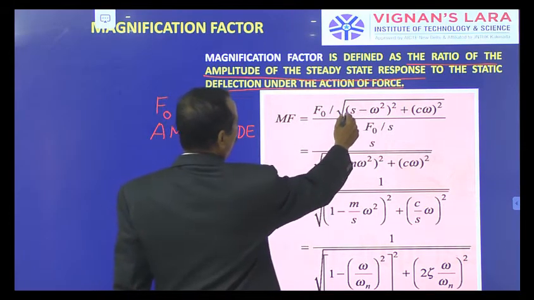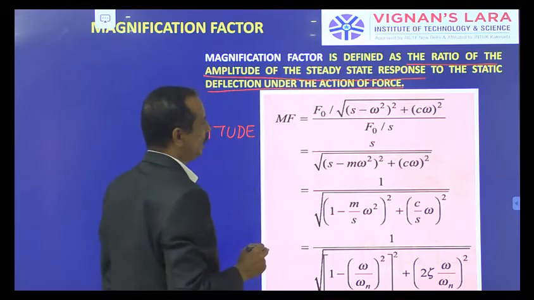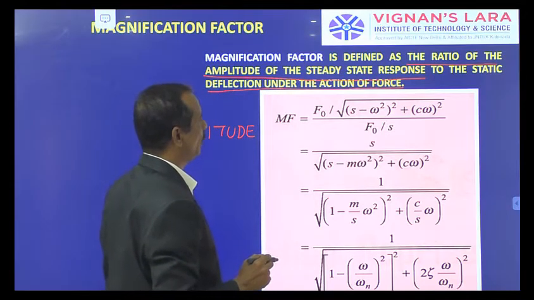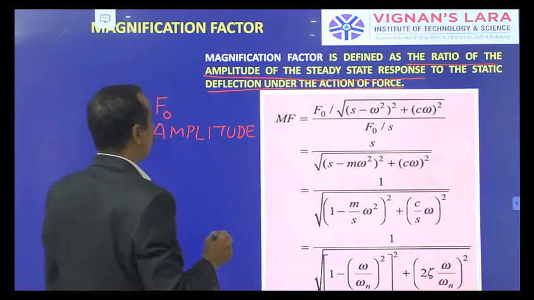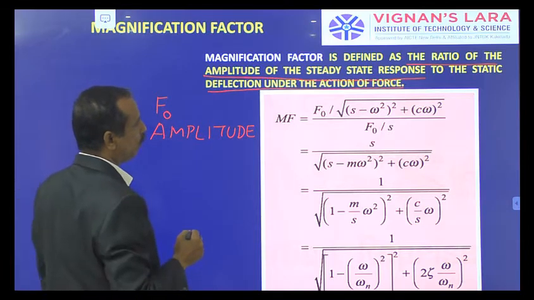It is given by the root of (s minus omega square) whole square plus (c omega) whole square. What is omega, what is s?